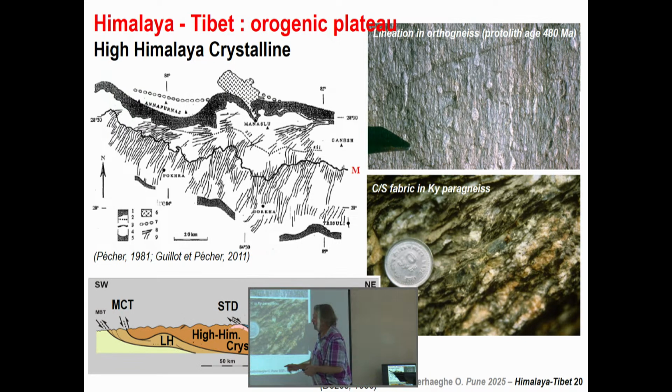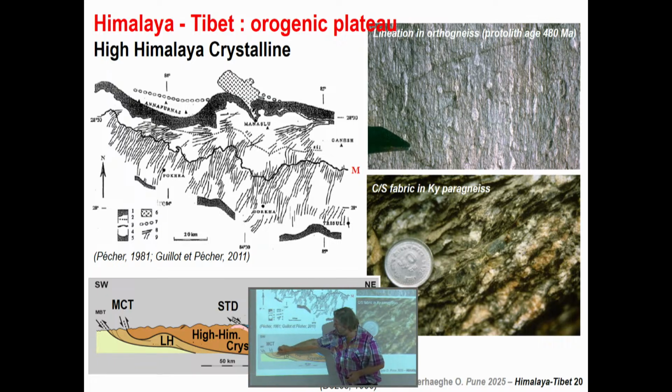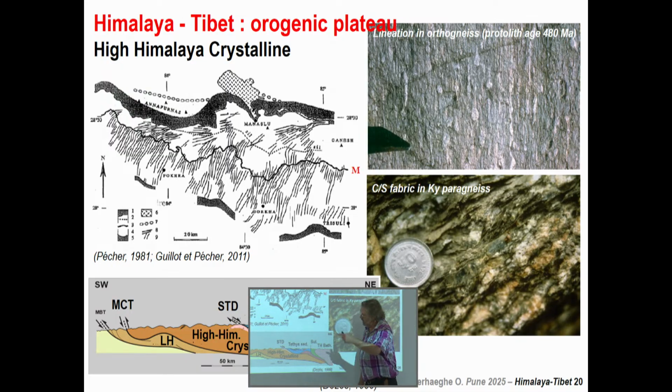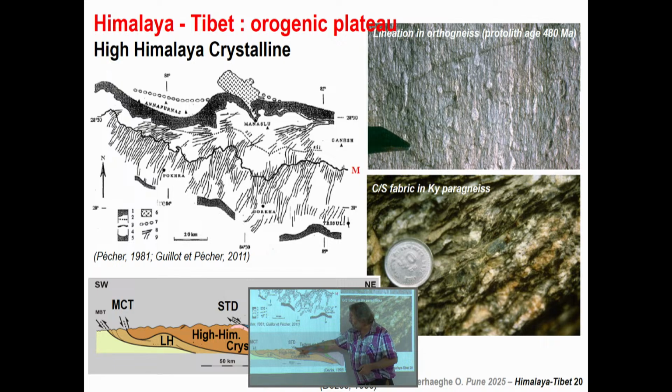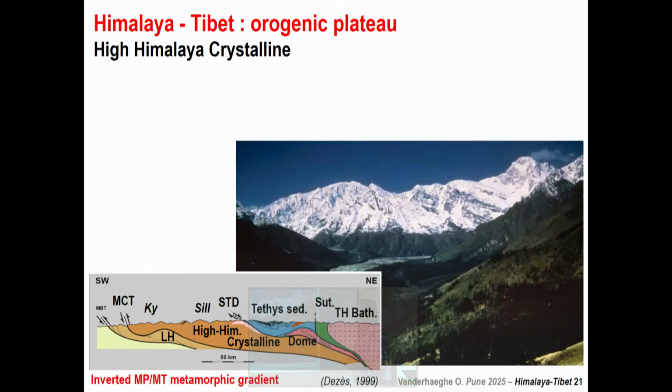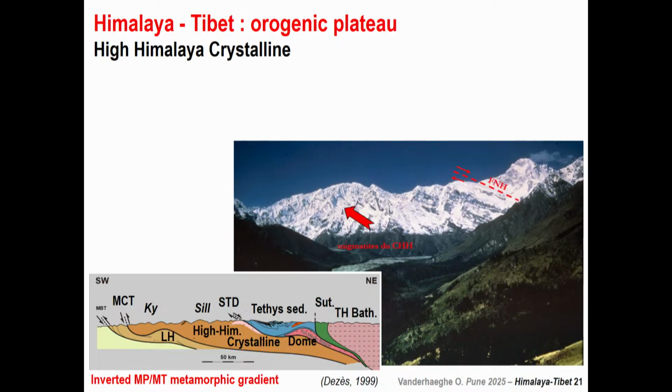Okay, so we're looking at this unit, and it's been thrusted on top of the Lesser Himalaya, the foreland, or the external zone. So now we're going to move to this place where there is a very interesting feature that was discovered about 40 years ago. The South Tibetan Detachment.